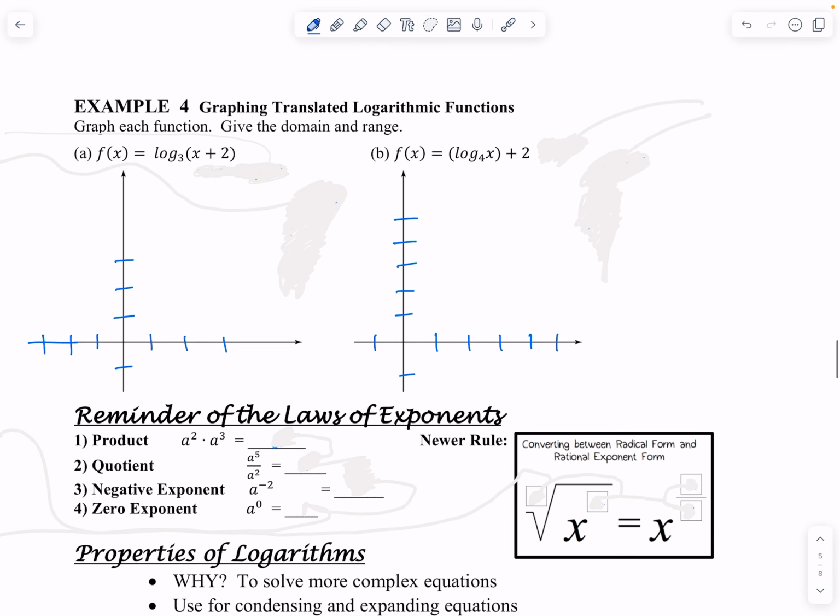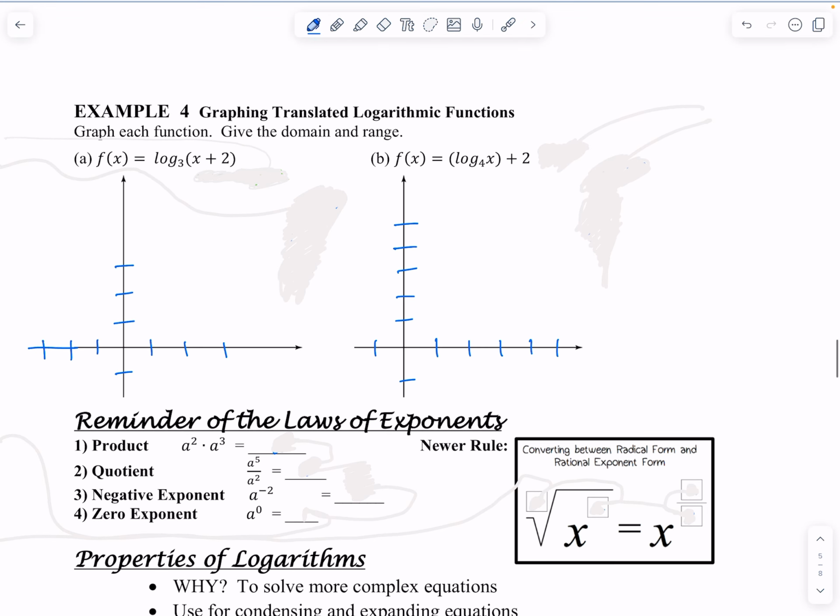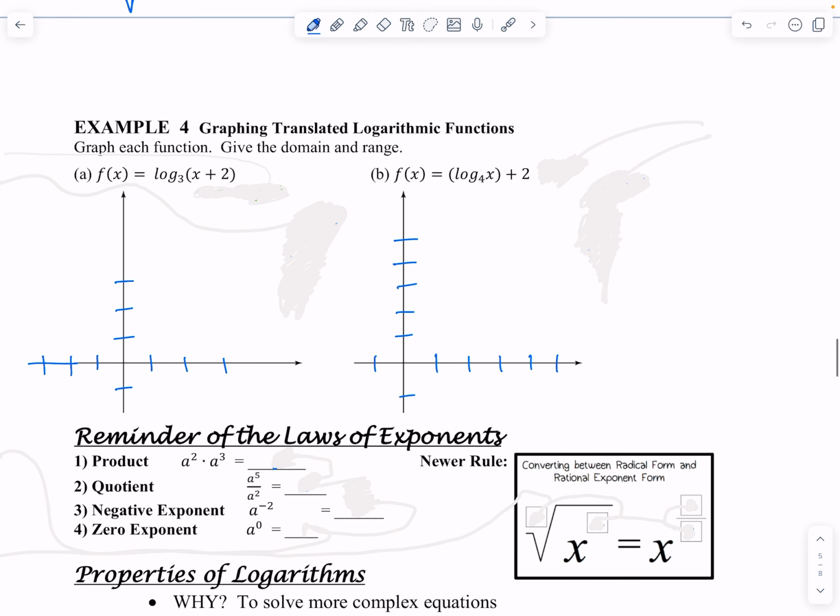So now we are doing the same thing. We have our log base 3, but now we have x plus 2. So again, I'm just going to shift that to the left. I'm going to make my same points that I had before, which is (1, 0) and (base, 1), so that's (3, 1), but I'm not going to connect those. I'm going to move them to the left.